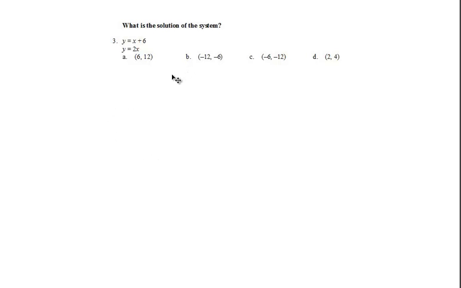Okay, number 3, what is the solution of the system? Well, we can do this a couple of ways. We could actually just graph these, and that'd be pretty easy. So I'm just going to pull up a different screen.